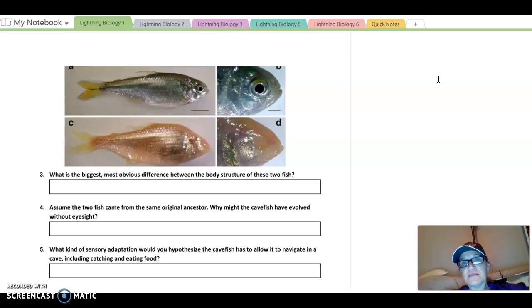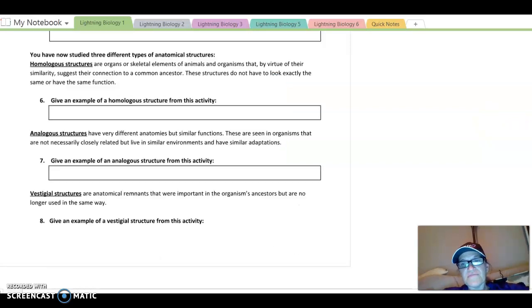Our wisdom teeth is another vestigial structure that we actually don't use. Matter of fact, some of us are born without wisdom teeth, and most of us who are born with them have them removed because they are not serving us a purpose and actually can cause some problems. And so you're going to take a look at these vestigial structures.